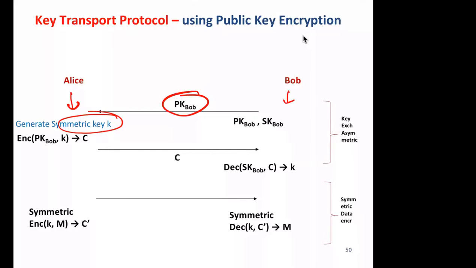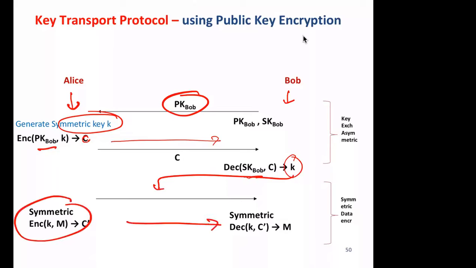Now Alice generates the symmetric key and encrypts it using Bob's public key. This encrypted key goes to Bob, and Bob uses his own private key to decrypt it and get the symmetric key. Now it's simple, right? Very simple. And then we can use the symmetric key for symmetric encryption, like AES.